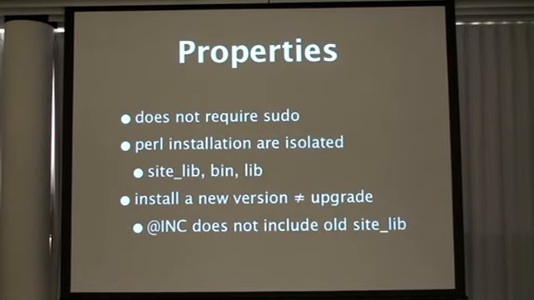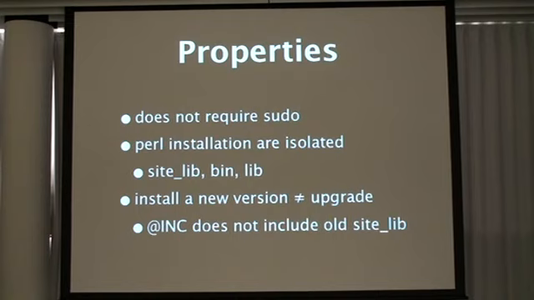And the final one, I just recently noticed that if you install your Perl manually to like /usr/local, and then when a new Perl is released, you upgrade it to a newer version, what Perl does is that it figures out that you're upgrading, and it preserves the site-lib of the older Perl in the new Perl's default inc directory.